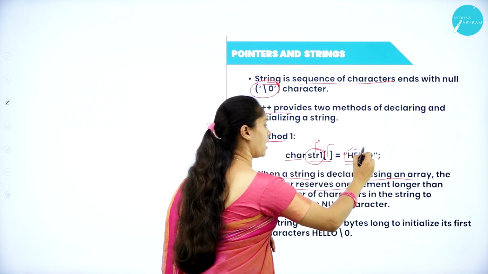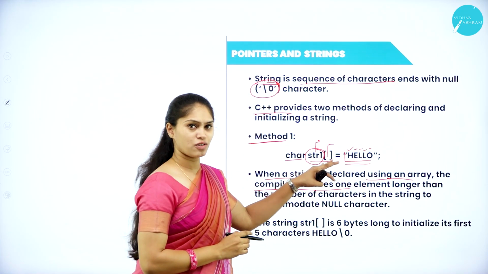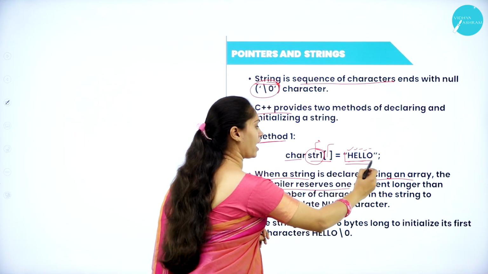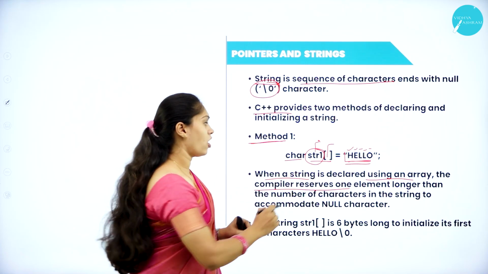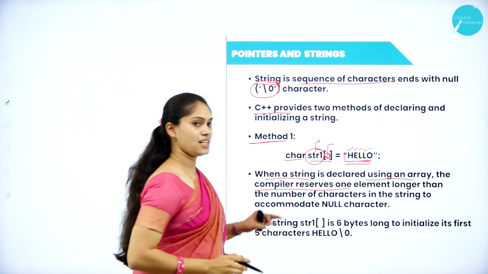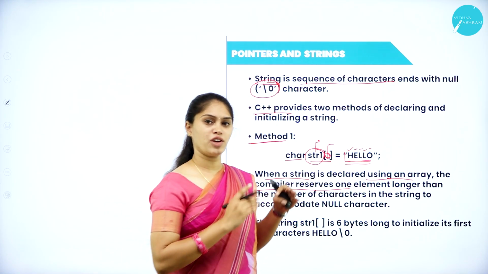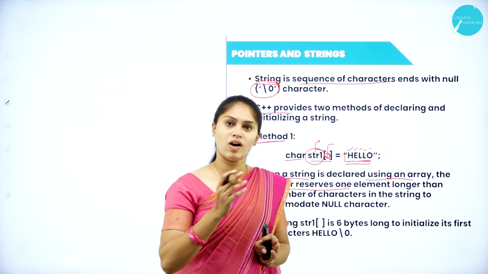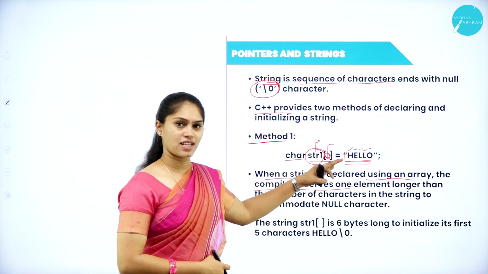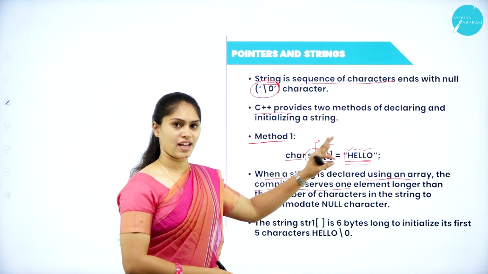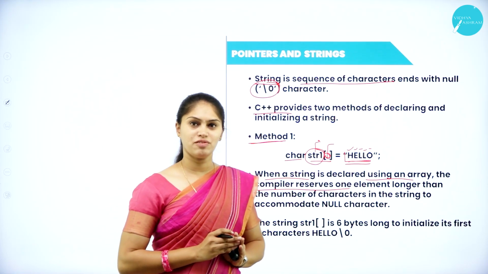Here I have HELLO. What is the size of this string? That is 5. That means when I am not declaring its size, it will give me one more byte, which is longer than the specified text or string. Here I have 5 characters, so the size of the string is 5.